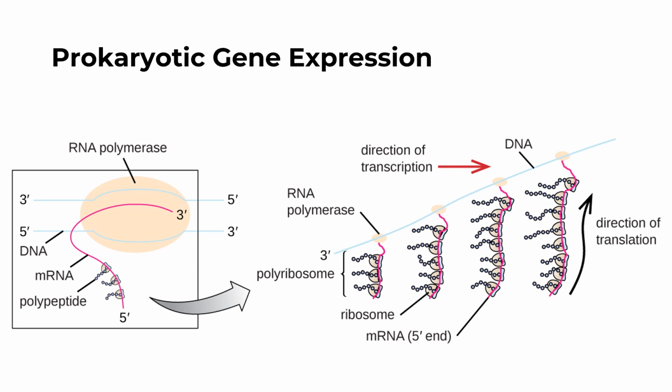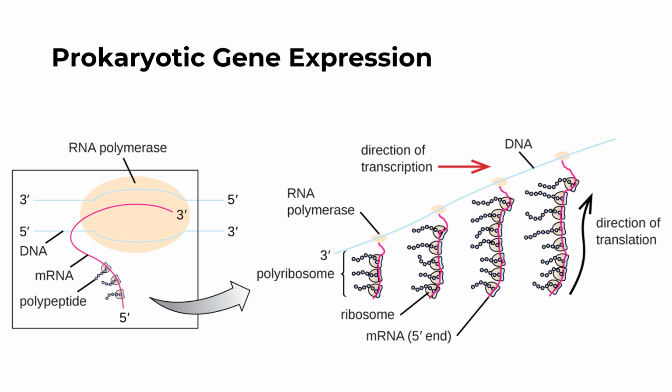As RNA polymerase builds a new mRNA molecule in the 5' to 3' direction, the ribosomes can directly attach to the 5' end of the growing nucleic acid and begin to translate it, even while it is still being synthesized. Multiple ribosomes can bind to an mRNA molecule in sequence.